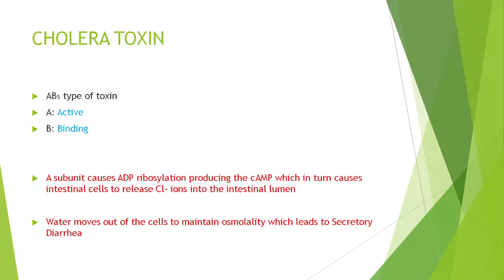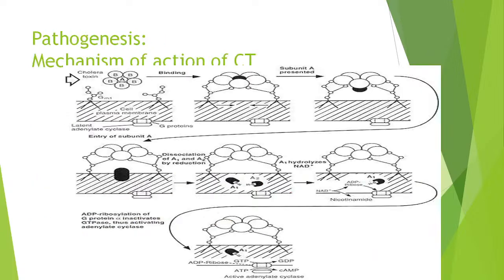So cholera toxin, what kind of toxin it is? It is a subunit toxin. It has two components, A and B. B is a multiple unit toxin. A is the active site and B is the binding site. So it helps with the B subunit. This A subunit goes inside. It attaches to these gangliosides present on the epithelial cell.